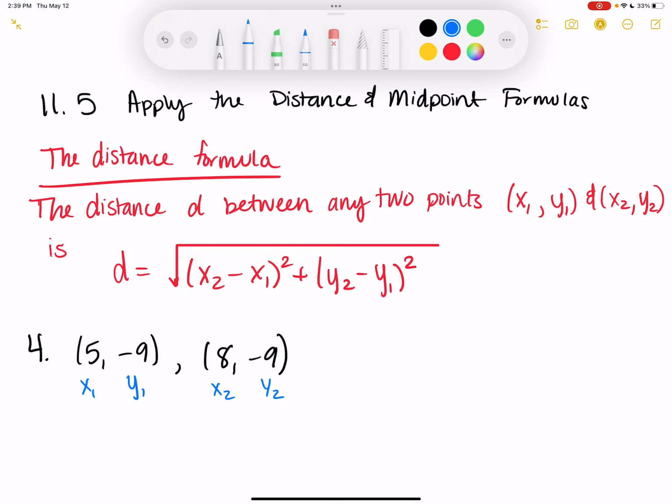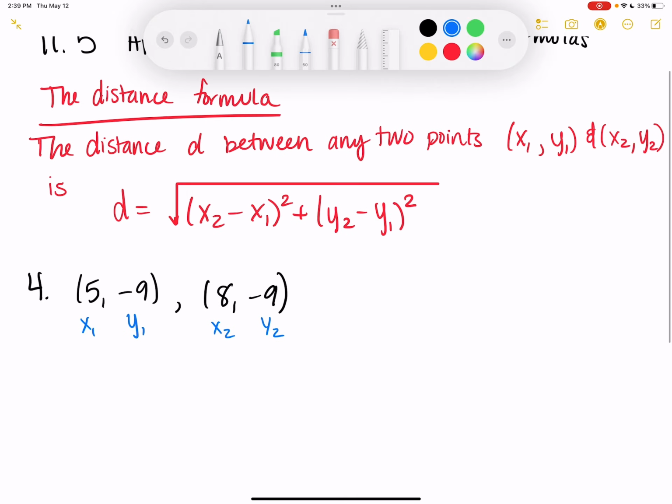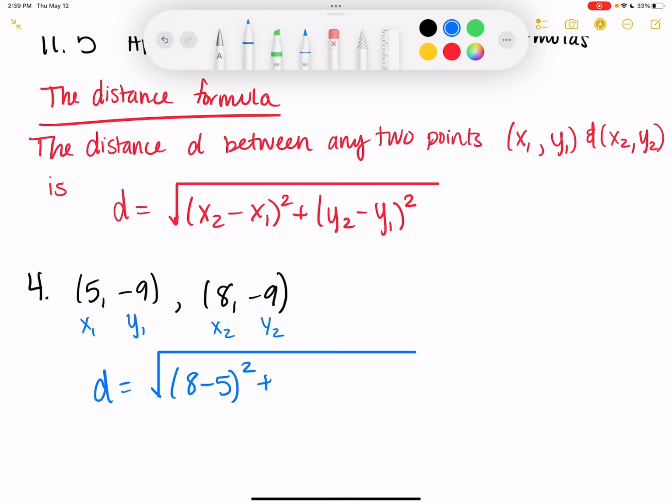So the formula: D equals the square root of x2, so that's going to be 8 minus 5, squared, plus -9 minus -9, squared.